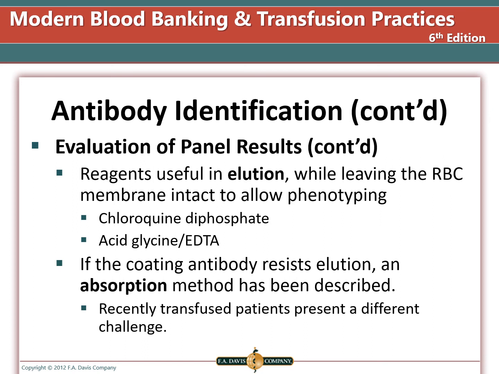This will leave the red cell membrane intact and allow you to do the antigen type of the cells. If the antibody coating the cells resists elution, an absorption method may be used. If a person has been transfused, this is not helpful since some of the cells are not the patient's. A genetic test may be required.